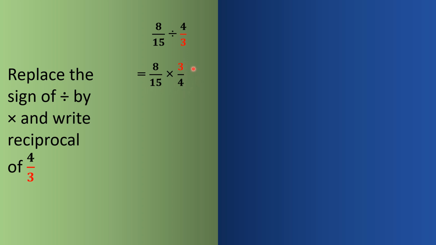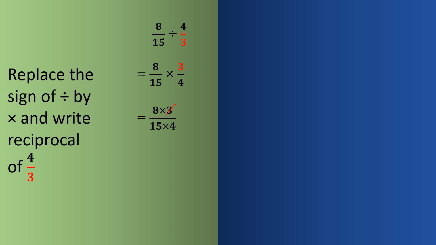Now it is a simple question of multiplication. Just find the product of numerators and product of denominators. It means 8 multiply 3 by 15 multiply 4. We can simplify at this stage also. And how? It is very simple. We know that in 3 and 15, the common factor is 3.